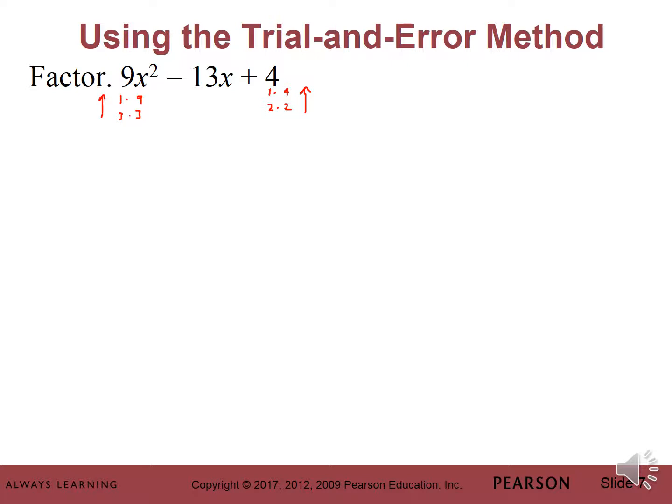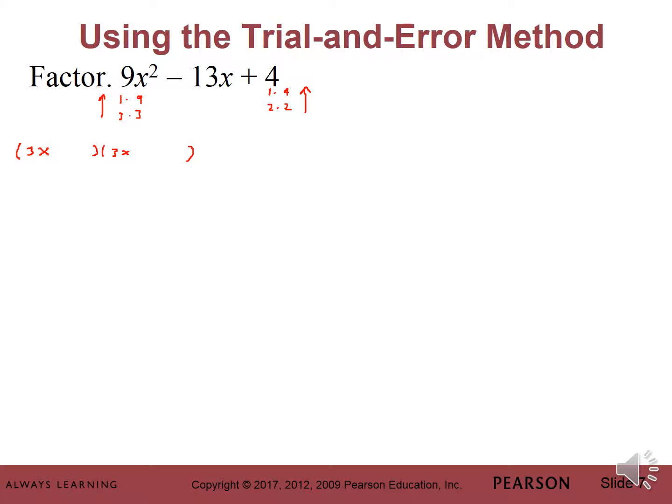And so we're going to start out by saying, okay, let's try a 3x and a 3x. We're trying to create a pair of binomials which, when multiplied, results also in negative 13x.